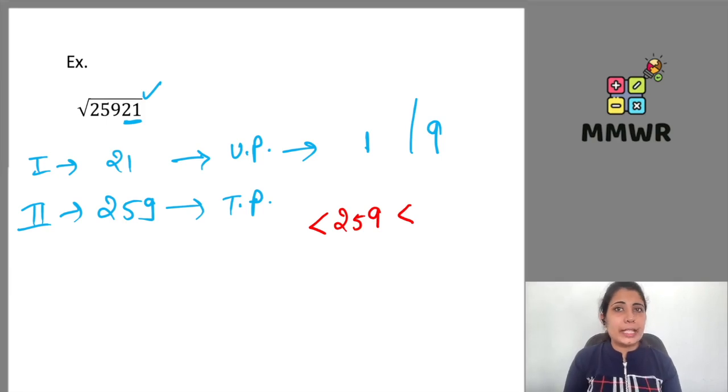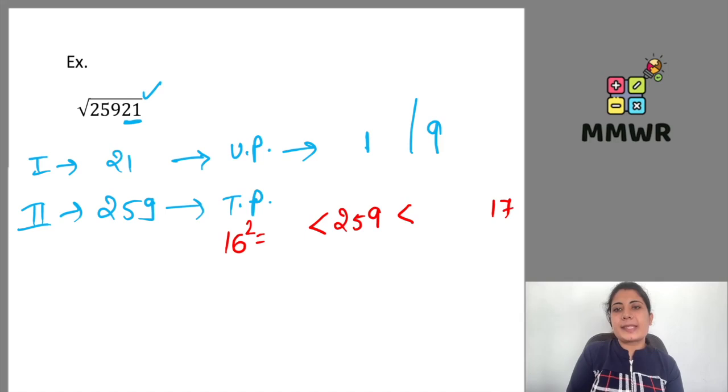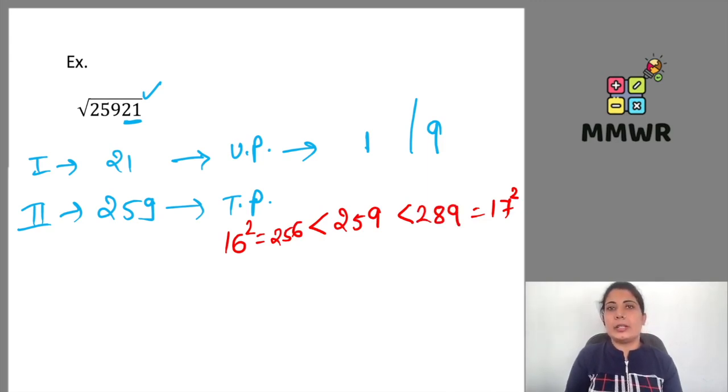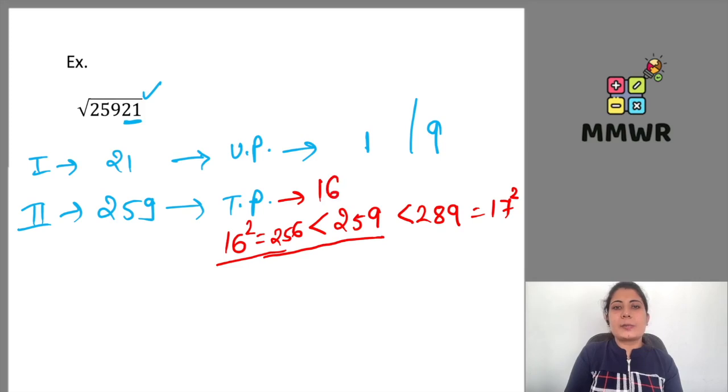Now 259 is not a perfect square. But yes, it is lying between the squares of 16 and 17. 16 square is 256. 17 square is 289. Look, 256 is the perfect square, 259 is not. So we will go to this 16 and we'll fix the tens place number as 16.